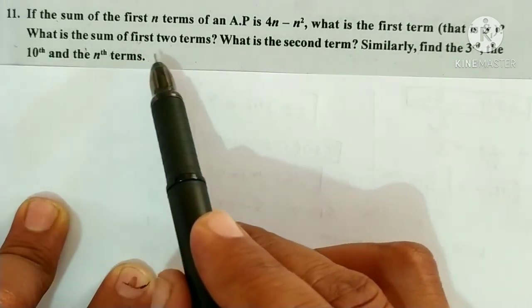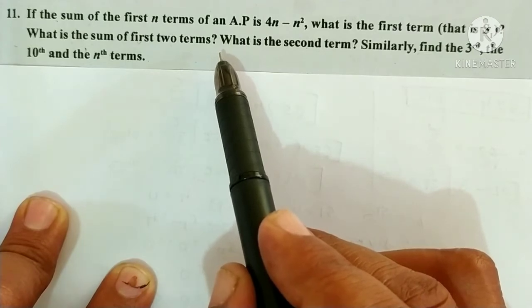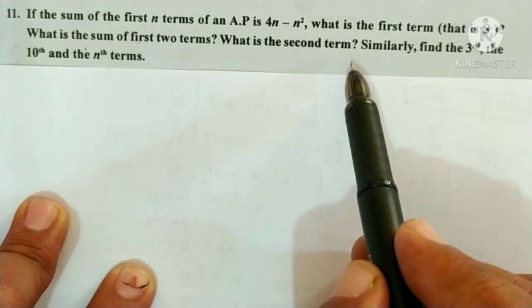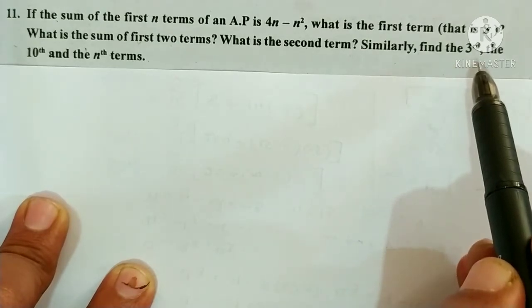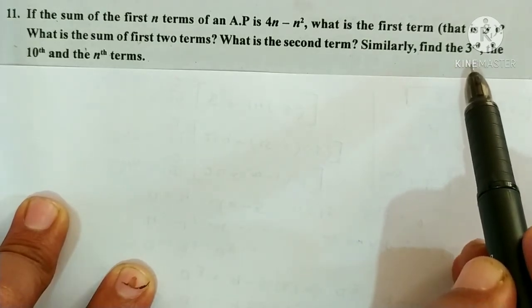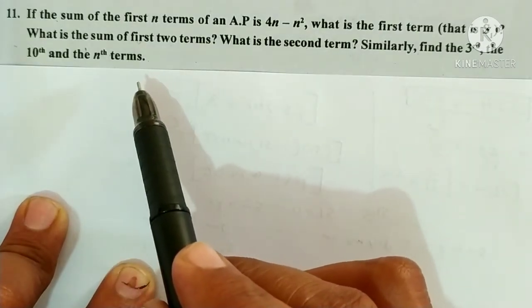What is the sum of first two terms? What is the second term? Similarly, find the third term, the 10th and the nth terms.